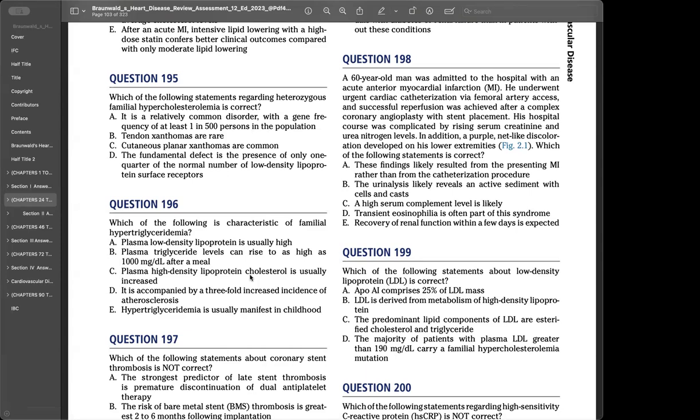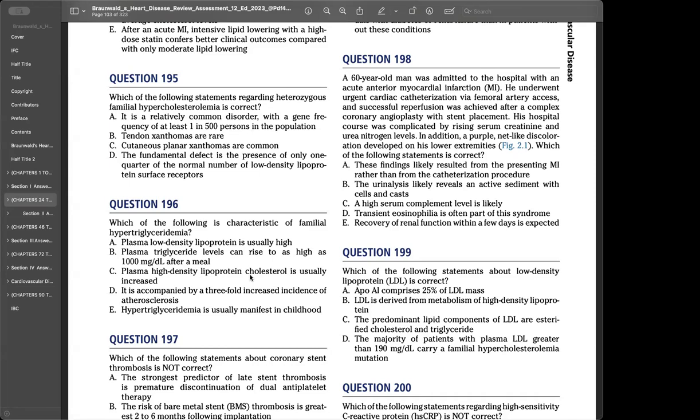Option D, the fundamental defect is the presence of only 1/4 of the normal number of low-density lipoprotein surface receptors. Familial hypercholesterolemia is an autosomal co-dominant condition in which those with the heterozygous form inherit one mutant gene that encodes the low-density lipoprotein cholesterol receptors.